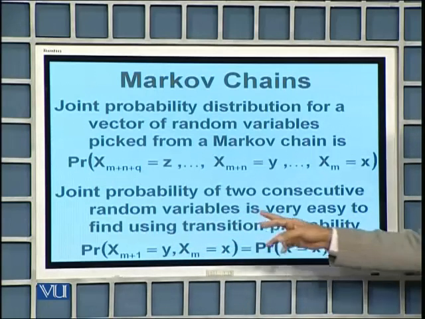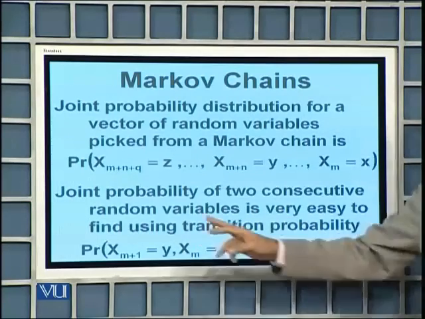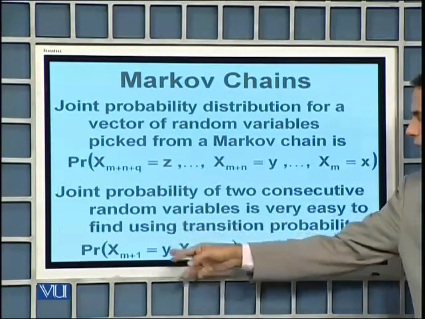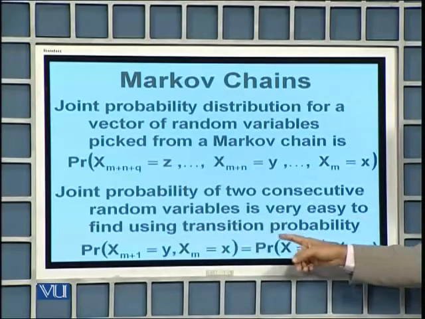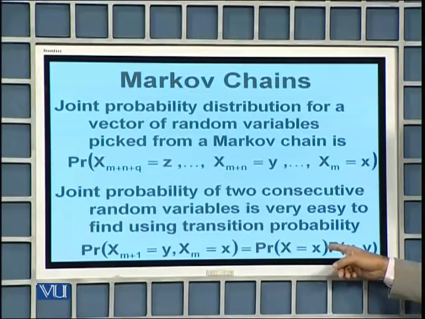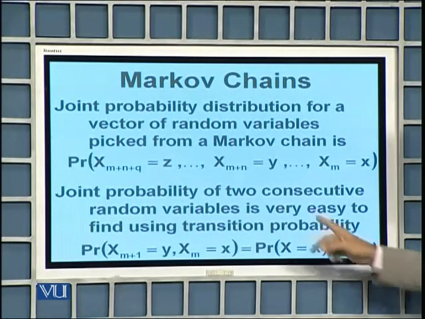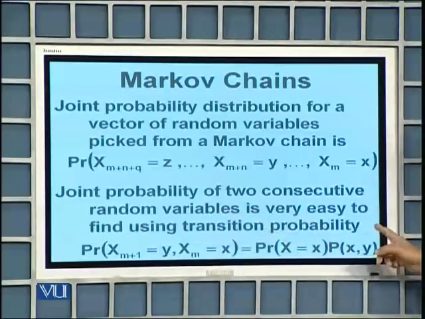We find that the joint probability of two neighboring random variables taking on values x and y is equal to the probability of the previous random variable taking on its value and the transition probability. This is a conditional probability, the probability of the next random variable taking value y given that the previous random variable took a value x.